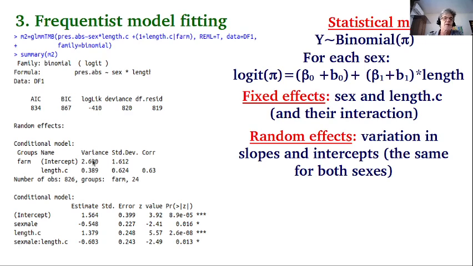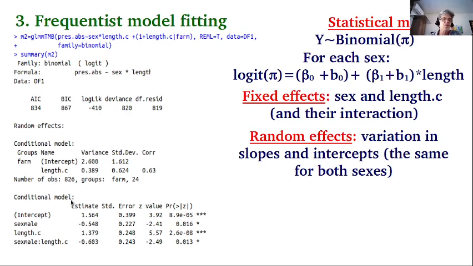Let's focus on the variance for a moment. The variance of the intercepts across farms, the variance of the slopes across farms, and the correlation between the two. We notice that the variation between intercepts is about 8 times bigger than the variation among the slopes across farms.